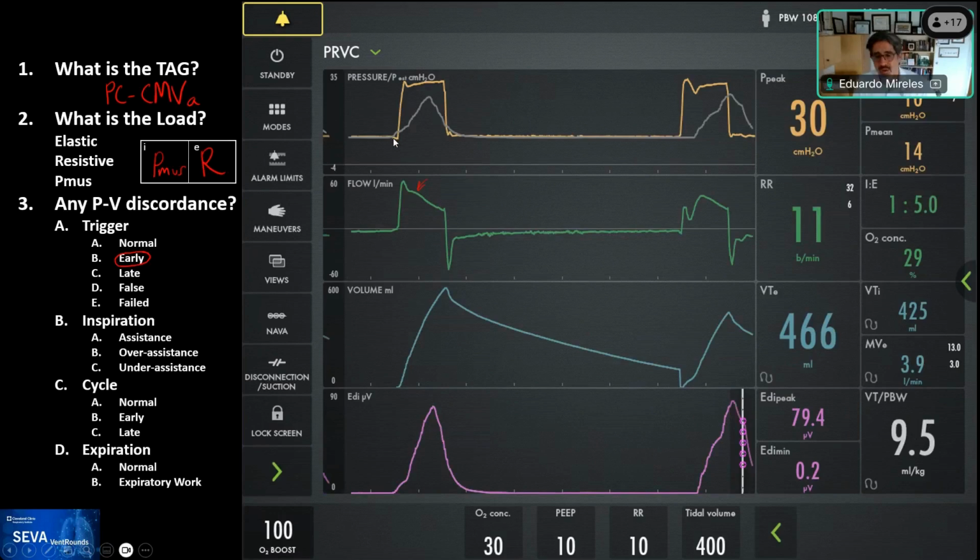It was, and I'll show you a couple more images that will clarify this. As I was thinking about the taxonomy, if you think about PMOS, and now you have the ability to see that this breath was triggered by the machine, and yet we have PMOS. So it doesn't fit early, because actually the activity of the patient started before. It is not late. It is not false, because it's machine triggered, and it's not failed because there's actually pressure on top of that.